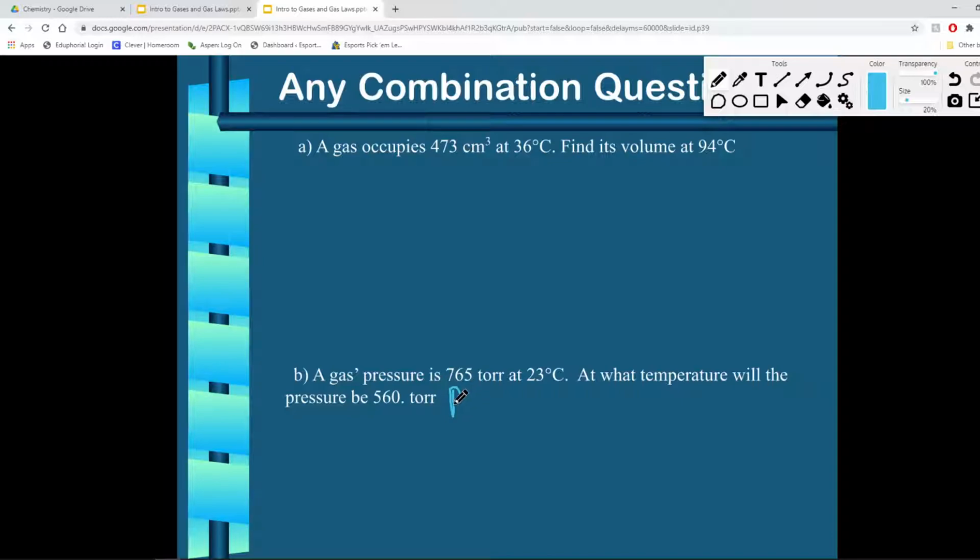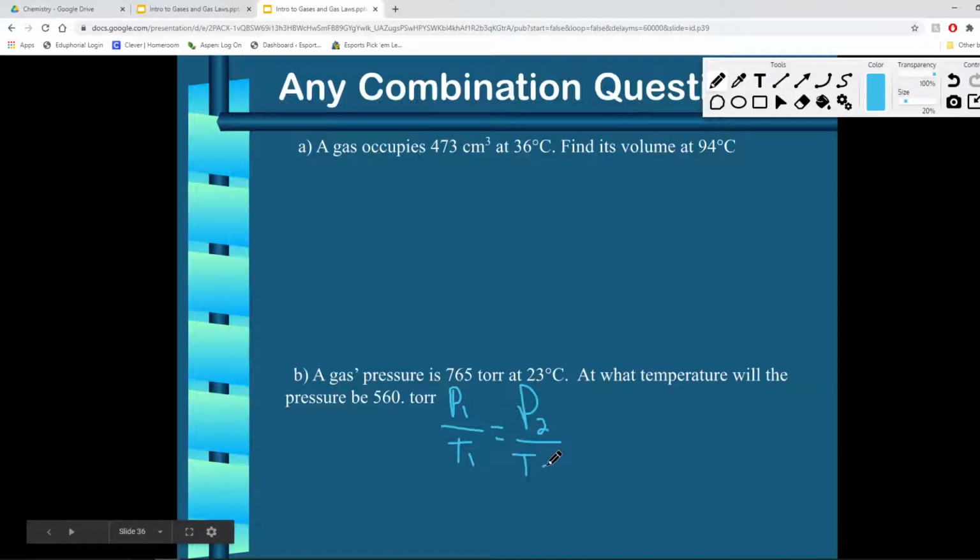And that one is P1 over T1 is equal to P2 over T2.